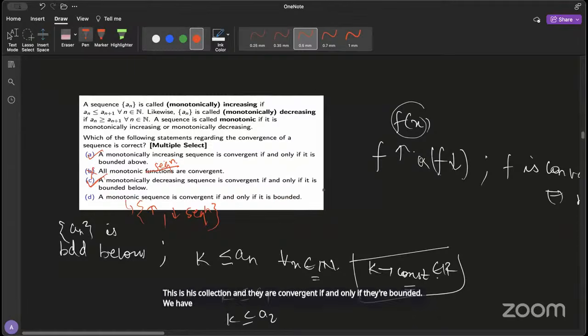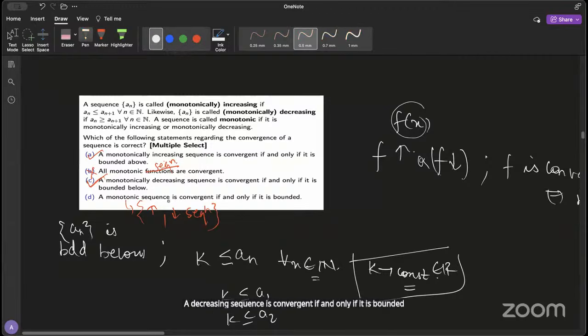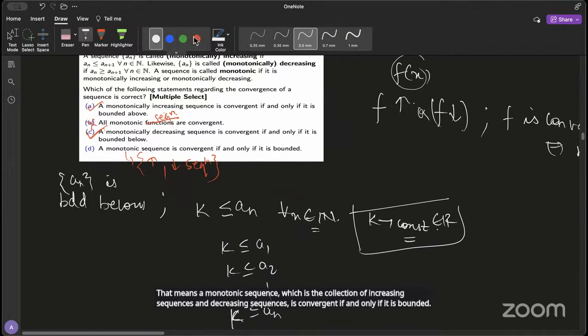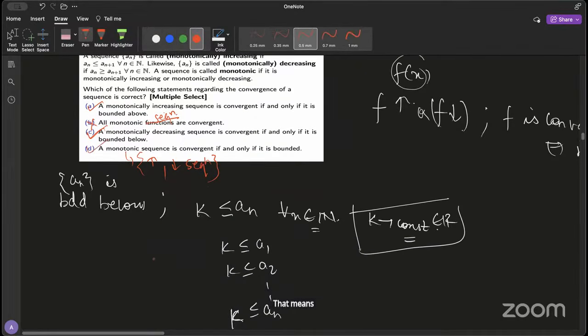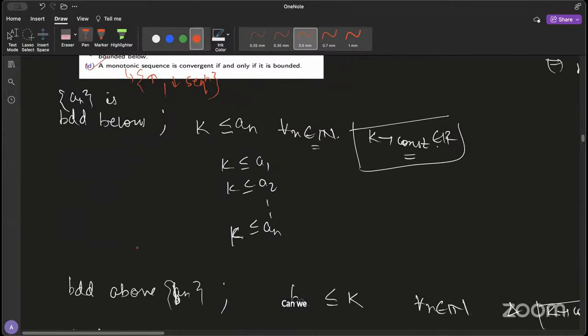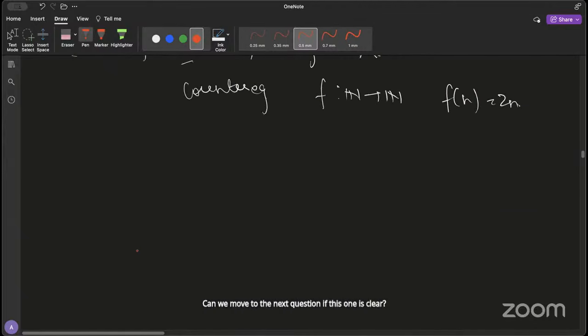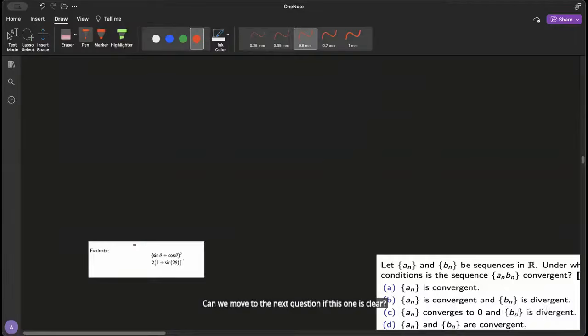We have seen that a decreasing sequence is convergent if and only if it is bounded, and an increasing sequence is convergent if and only if it is bounded. That means a monotonic sequence is convergent if and only if it is bounded. That means this is correct. Can we move to the next question if this one is clear? Yes, ma'am.